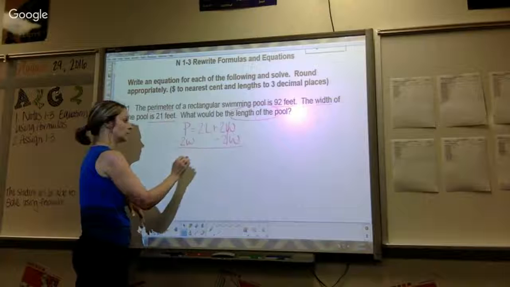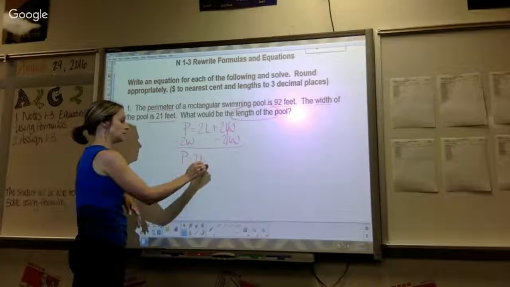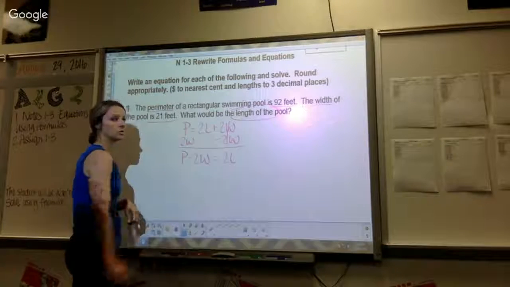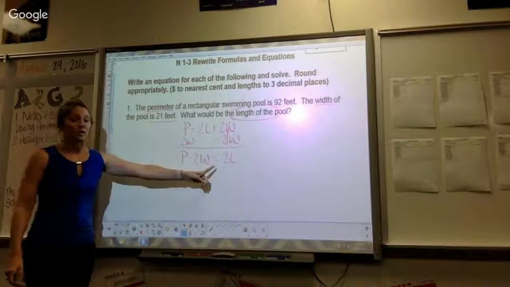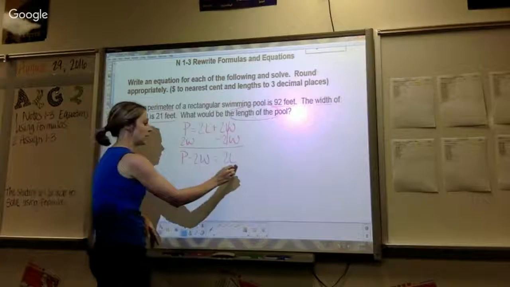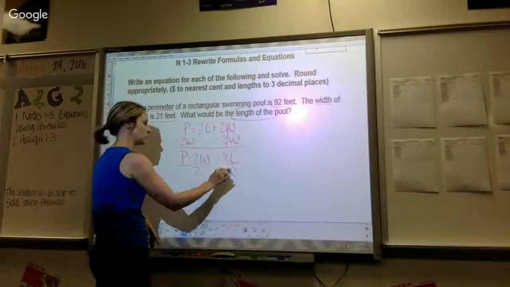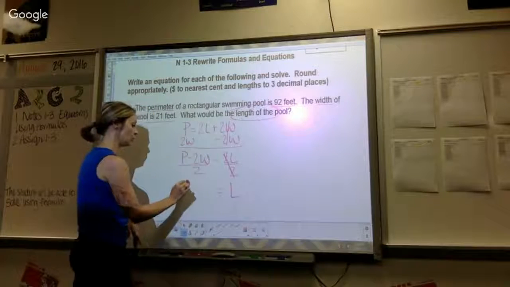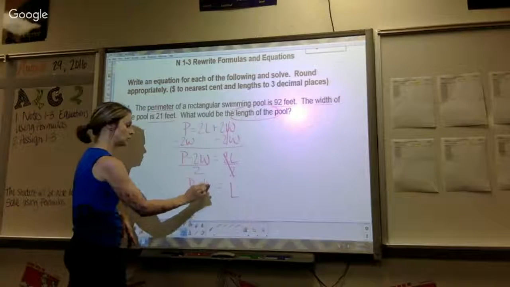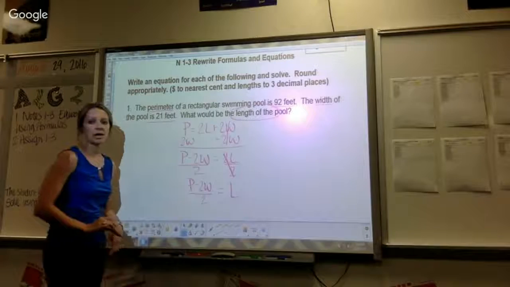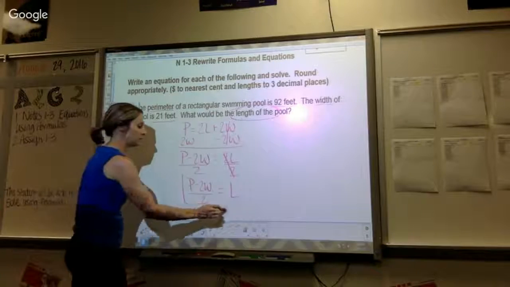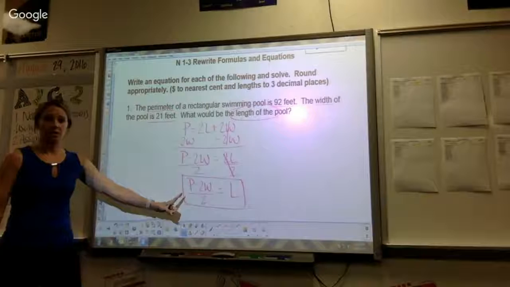So you have P minus 2W equals 2L. And then you need to get rid of the 2. So you would divide both sides by 2. So your length would equal perimeter minus 2 times your width, divided by 2. So that's going to be one of your answers.